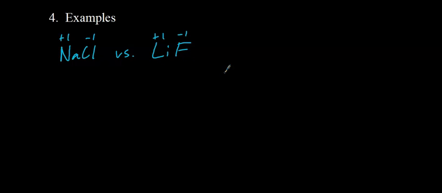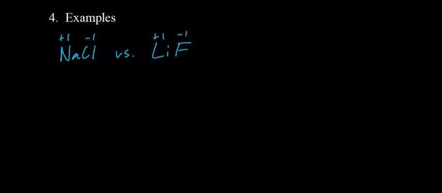Let's compare the cations. Sodium is bigger than lithium. Let's look at the anions. Chloride is bigger than fluorine. So in sodium chloride, both the cation and anion are larger than in lithium fluoride.